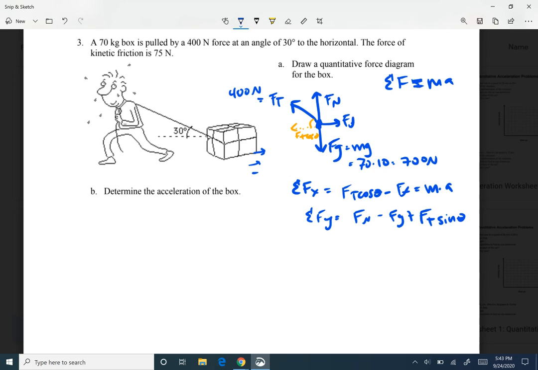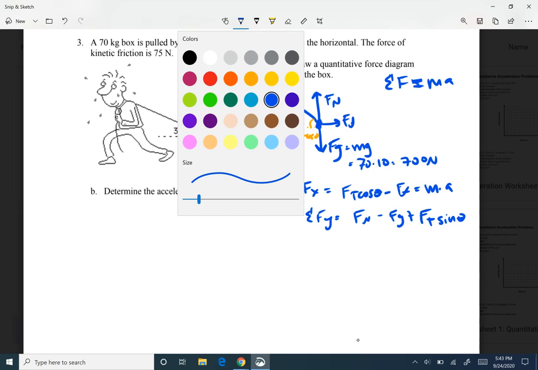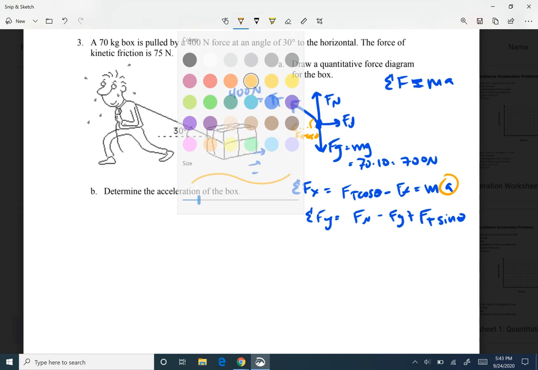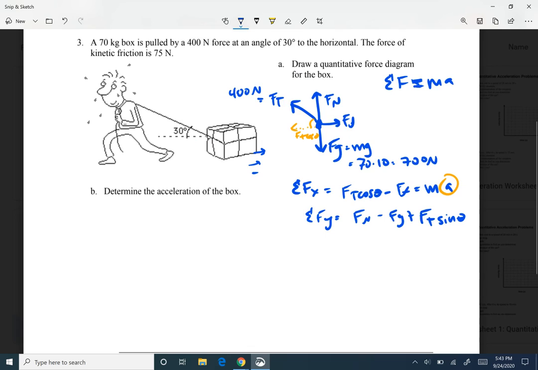So we want to find acceleration. We want to find this. Okay, so we need to get acceleration by itself. But I don't have enough information to really start doing that yet. I think I need to figure out what force friction is first, so that I can plug in and actually have some values to work with.